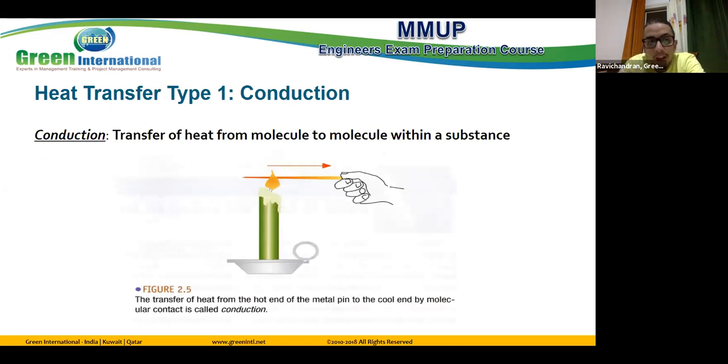This example is brought here for conduction. But convection and radiation are already happening here too, maybe with a small effect. The major effect is for one type, which is conduction.